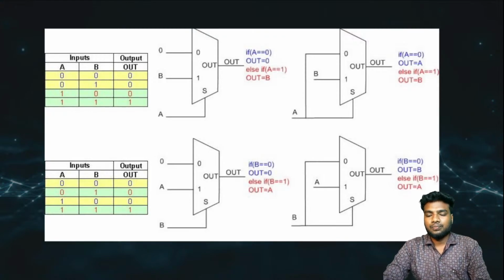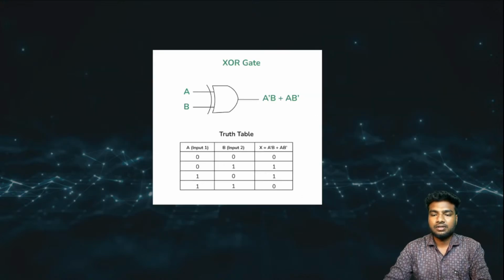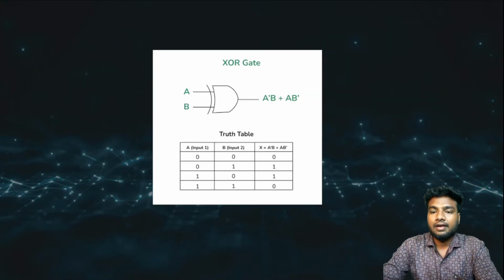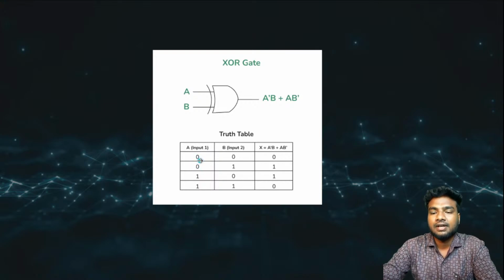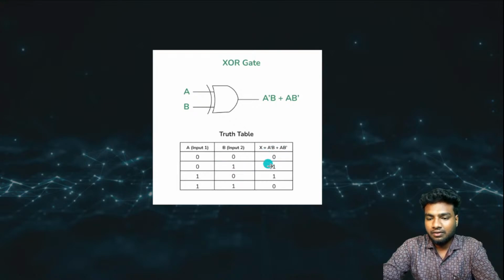For your clarification, I'm just writing for the XOR gate. You can see here the truth table for the XOR gate. If I'm taking A as a selection line, and A equals 0, I will get the same thing as the B value. So you can see B 0, output also 0, B 1, output also 1.